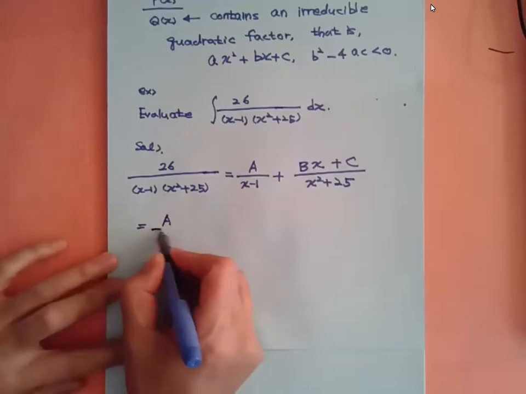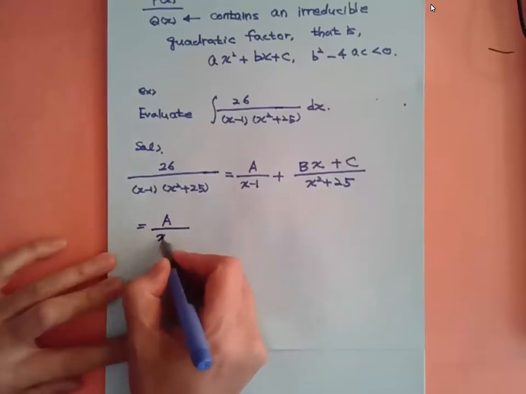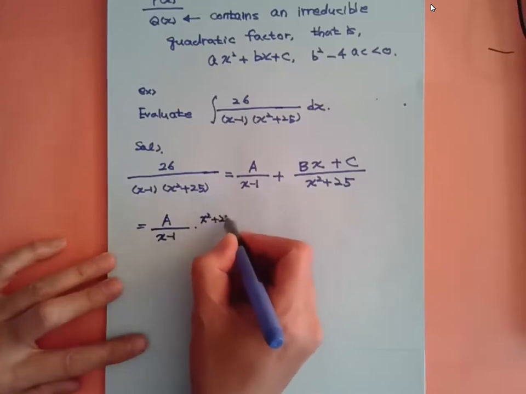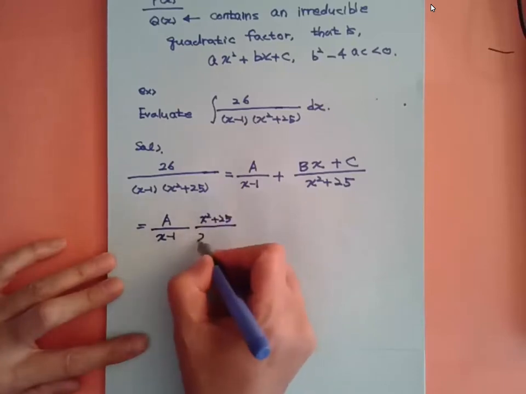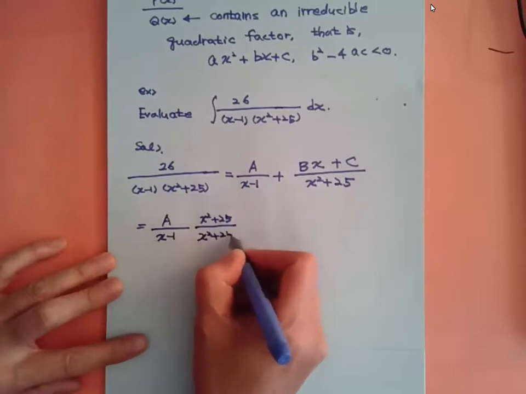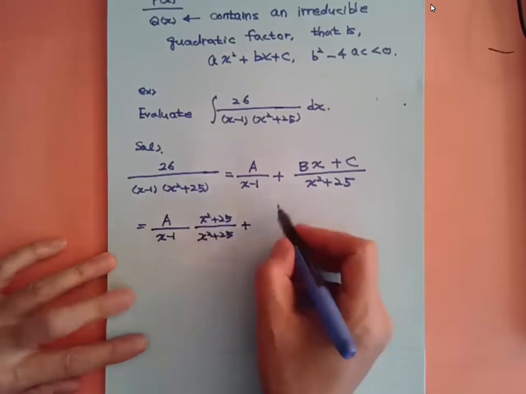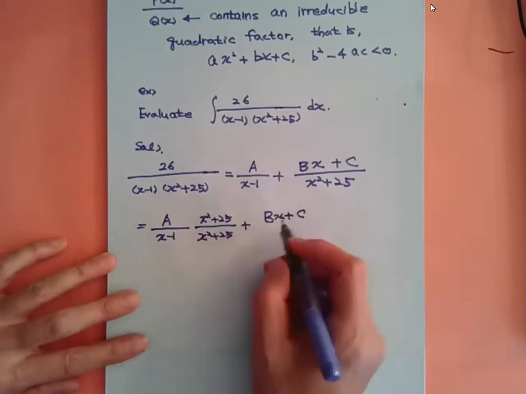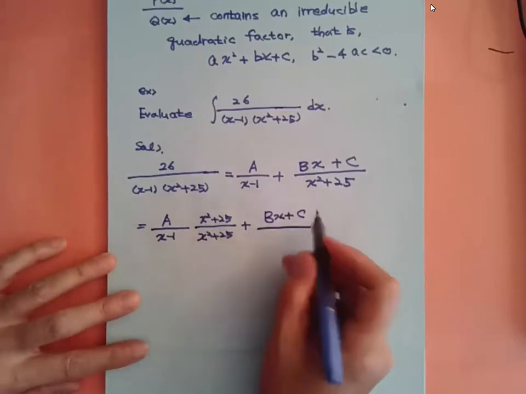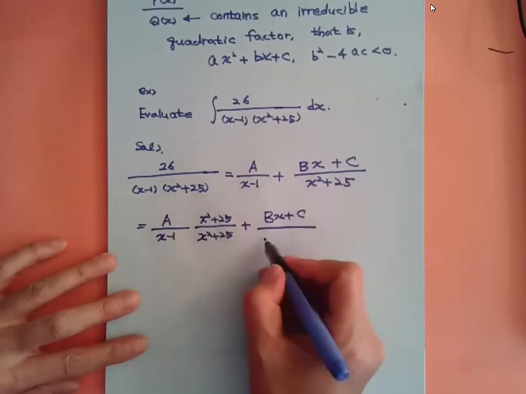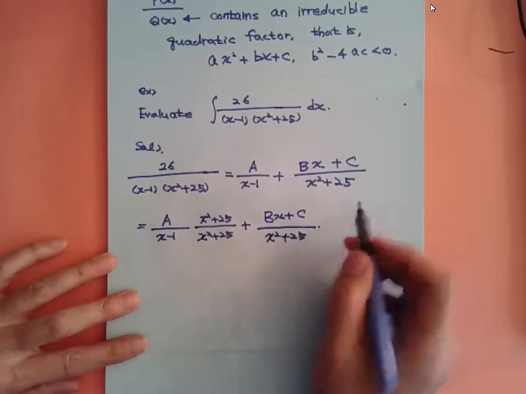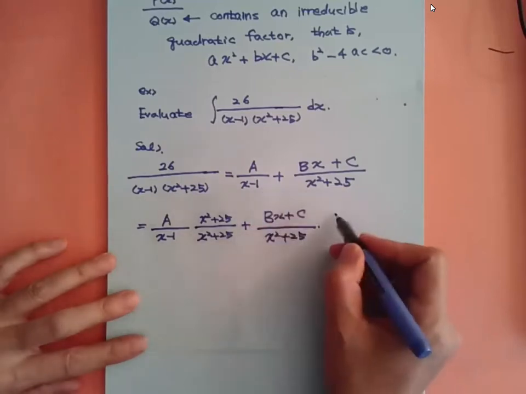So a over x minus 1 times the missing factor, x squared plus 25 over x squared plus 25, plus the second fraction, bx plus c over x squared plus 25 times the missing factor, x minus 1.